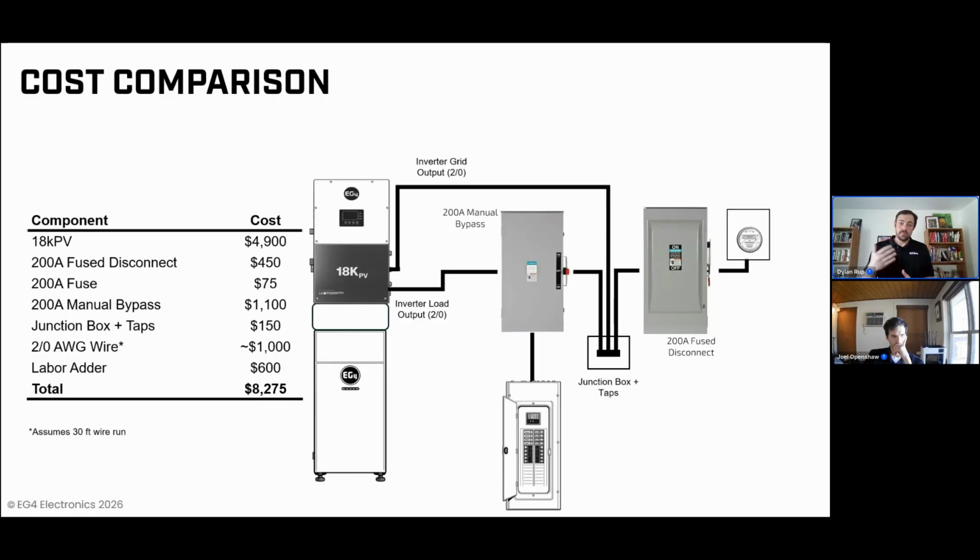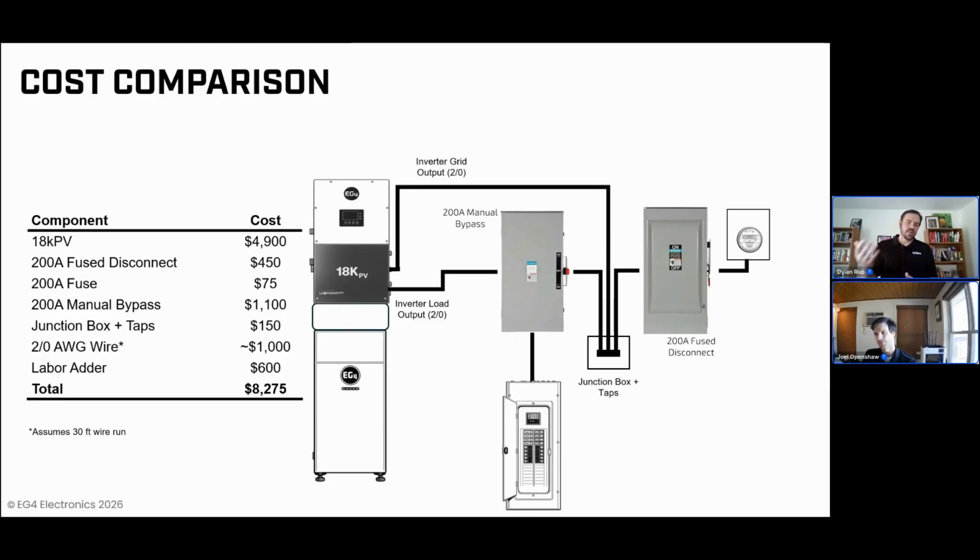If we assume a $5 per foot cost for 2-gauge copper, which is honestly a little bit low potentially, and we consider that we're running that 30 feet 6 times, adding conduit with that, you easily are going to rack up over $1,000 in conductor costs when you deploy this technology with the internal MID in the solution.